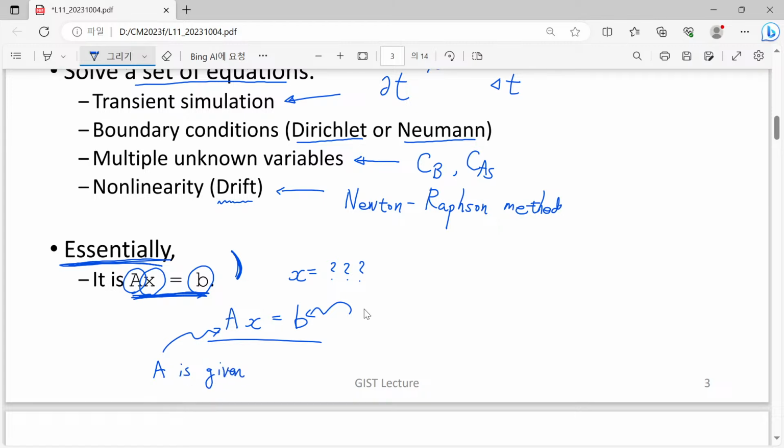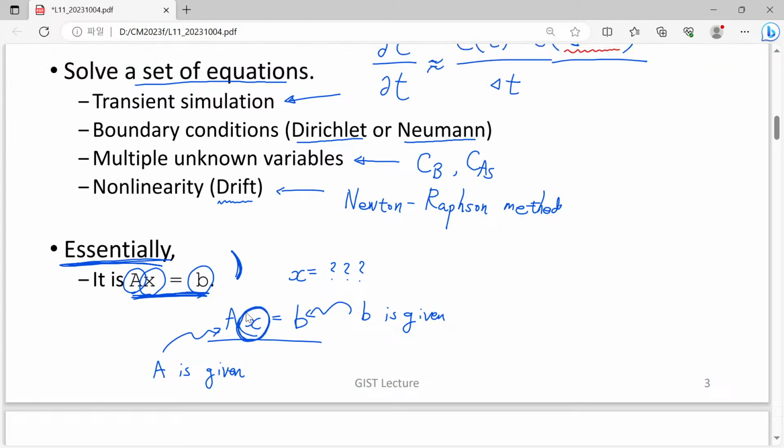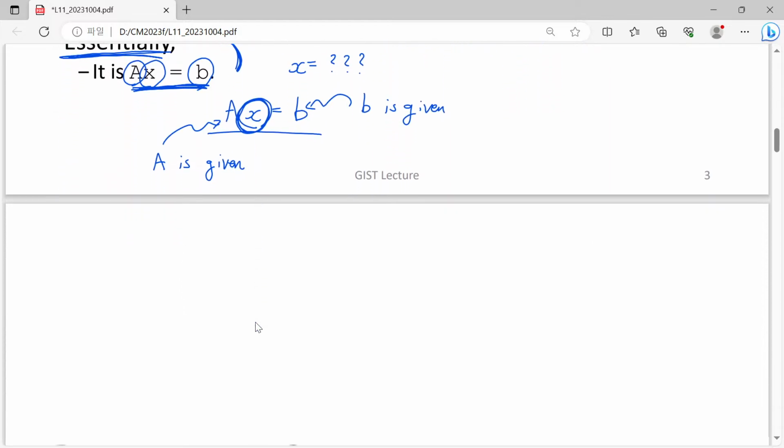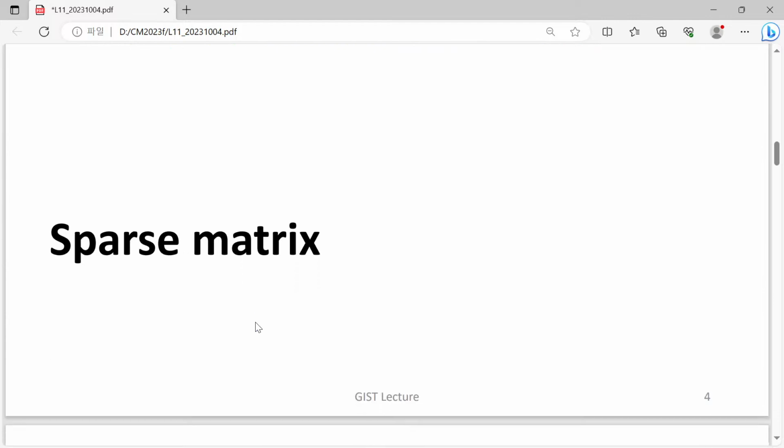And b is also given, so we cannot change it. Under the given condition of a problem specification, we wanted to talk about how we can efficiently calculate this solution vector x.